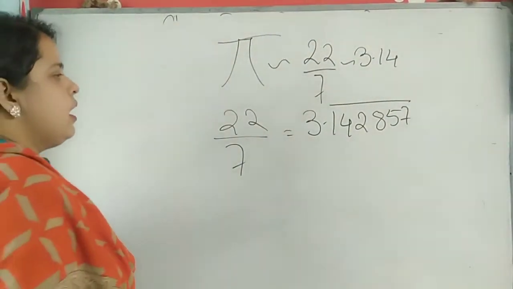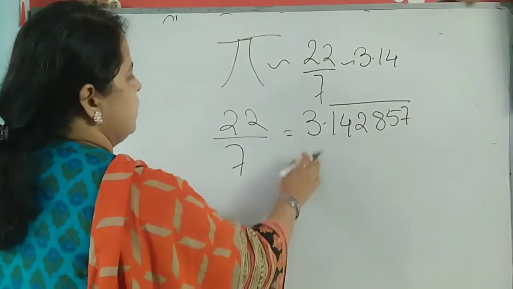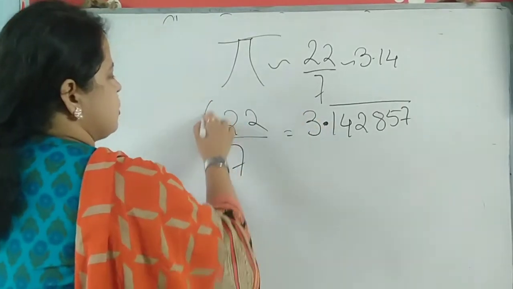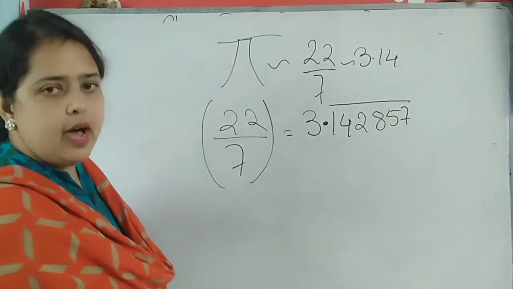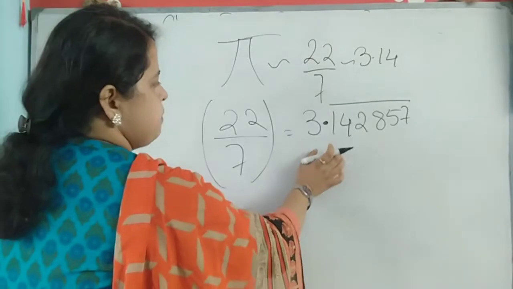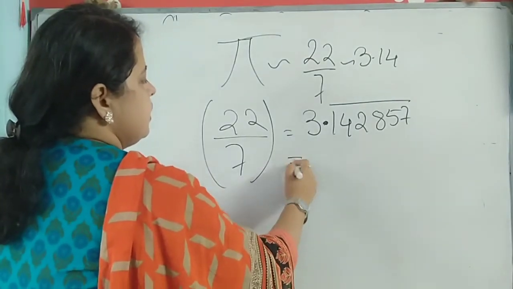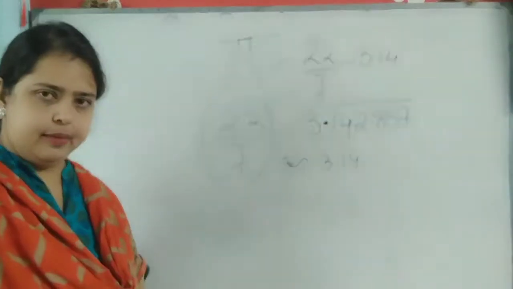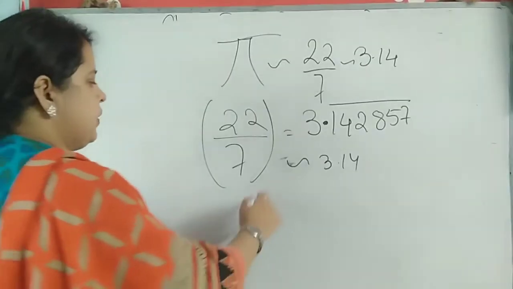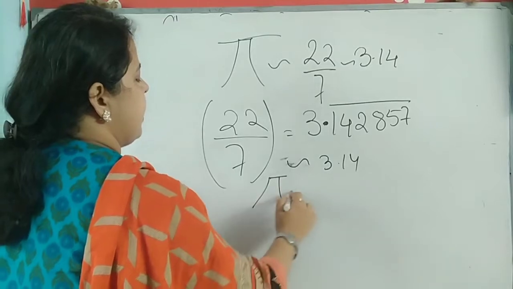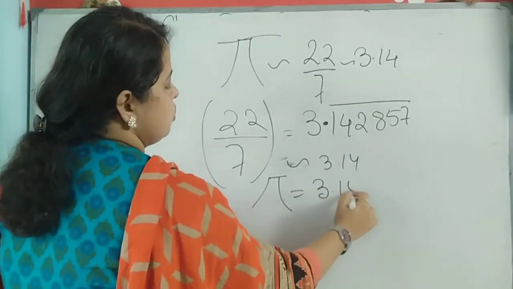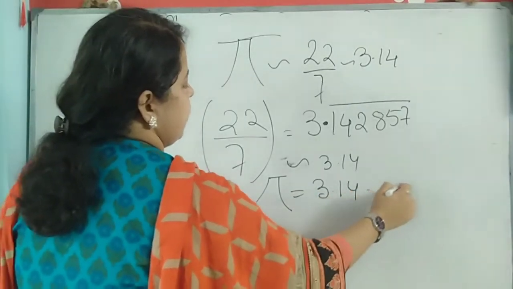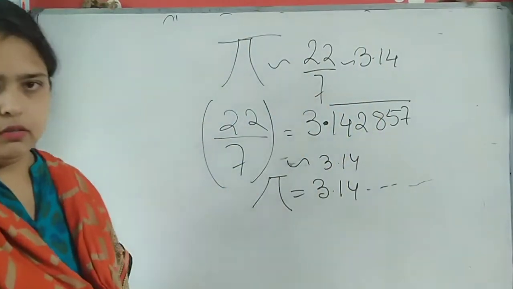So children, I hope it is very clear. Since this rational number is having this expansion, which is 3.14 approximately, and when you notice the pattern of pi, it is also 3.14, and this is moving on.